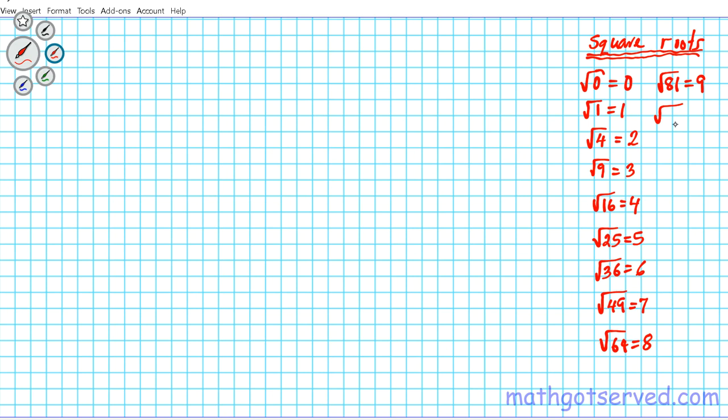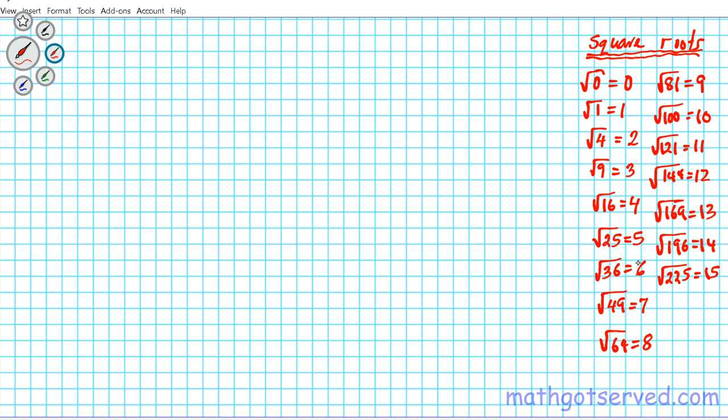Square root of 100 is 10. Square root of 121 is 11. Square root of 144 is 12. The square root of 169 is 13. Square root of 196 is 14. Square root of 225 is 15.